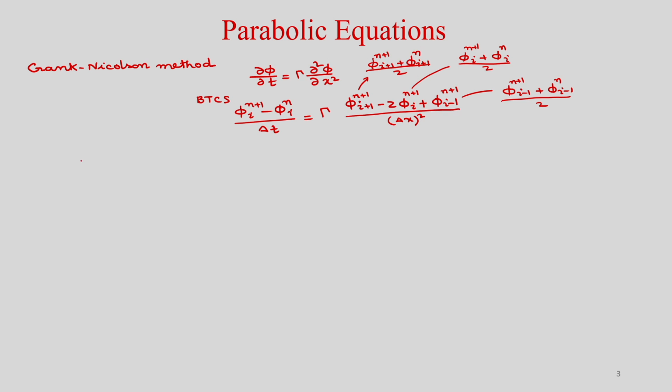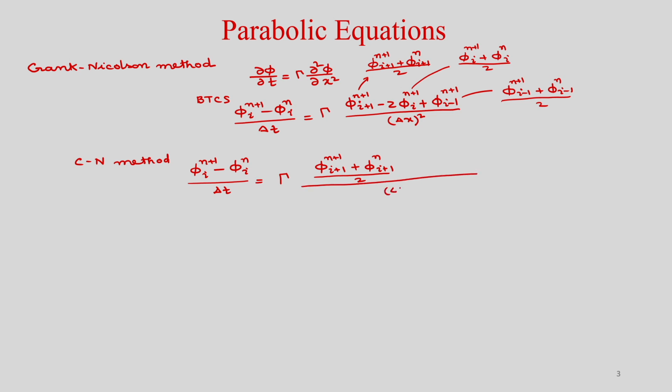So, if you write this Crank-Nicolson method, which is also known as the CN method, you are going to get phi I n plus 1 minus phi I n divided by delta t is equal to, now we are replacing this as phi I plus 1 n plus 1 plus phi I plus 1 n divided by 2, okay, divided by delta x square, minus 2 into phi I n plus 1 plus phi I n divided by 2, and plus phi I minus 1 n plus 1 plus phi I minus 1 n divided by 2. Okay. So, we have taken the average value.